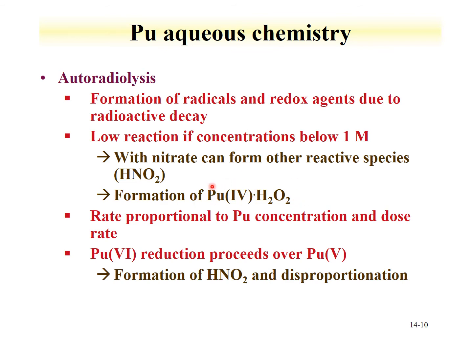If you form peroxides, as we talked about with other actinides, you can form peroxide species. So the autoradiolysis change in redox is really proportional to plutonium concentration and dose rate. The plutonium concentration and dose rate also say something about the half-life of the plutonium isotope that's in solution.